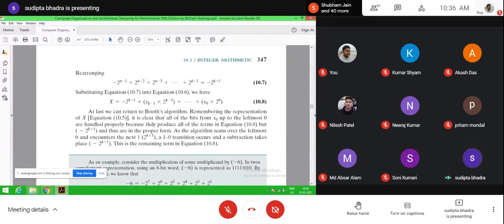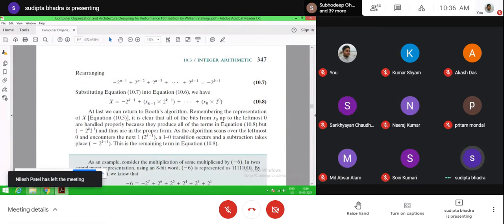So here the remaining representation of x, it is clear that all bits from x0 up to the leftmost 0 are handled properly because they produce all terms equal to 10 points. But minus 2 to the power k plus 1 has an improper form.